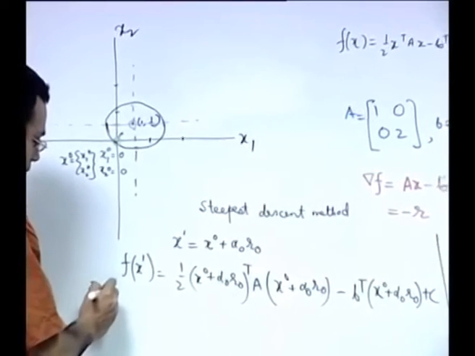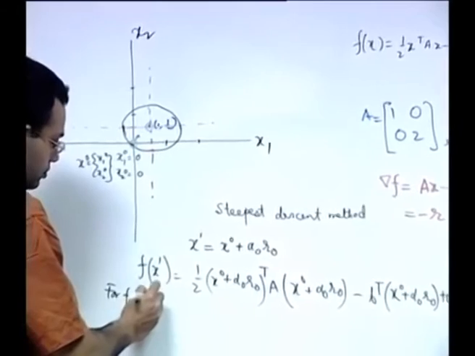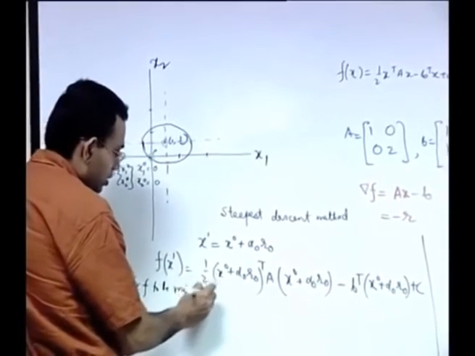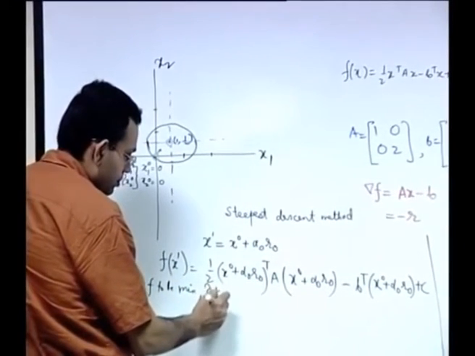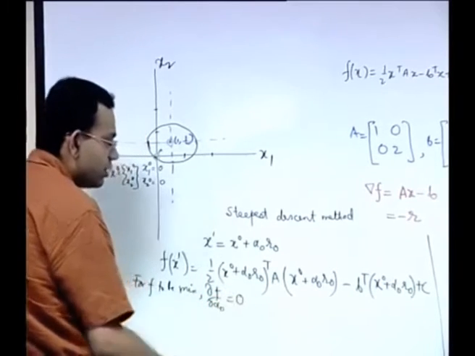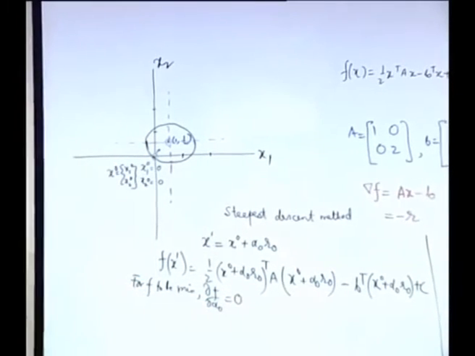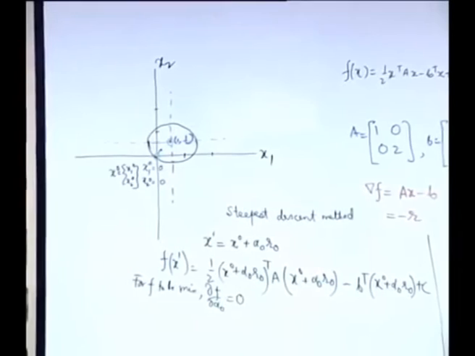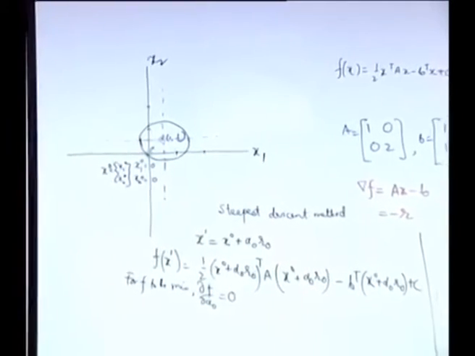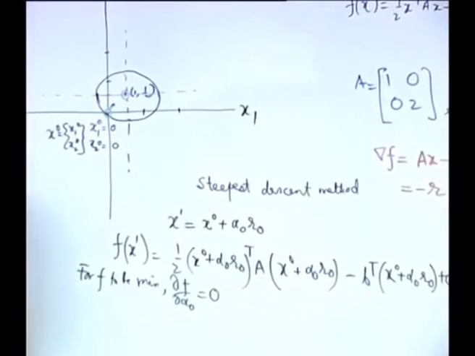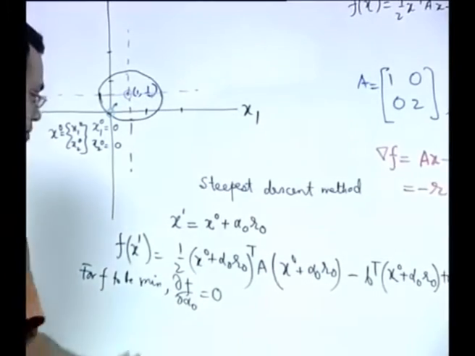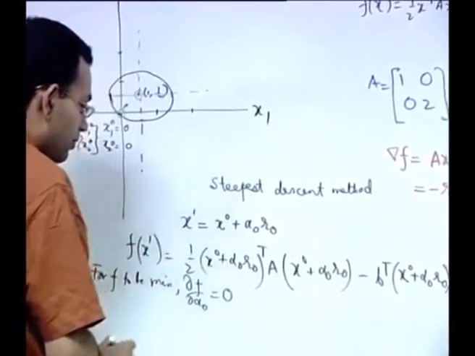For f to be minimum, you must have del f del alpha 0 equal to 0. So, let us differentiate this with respect to alpha 0.